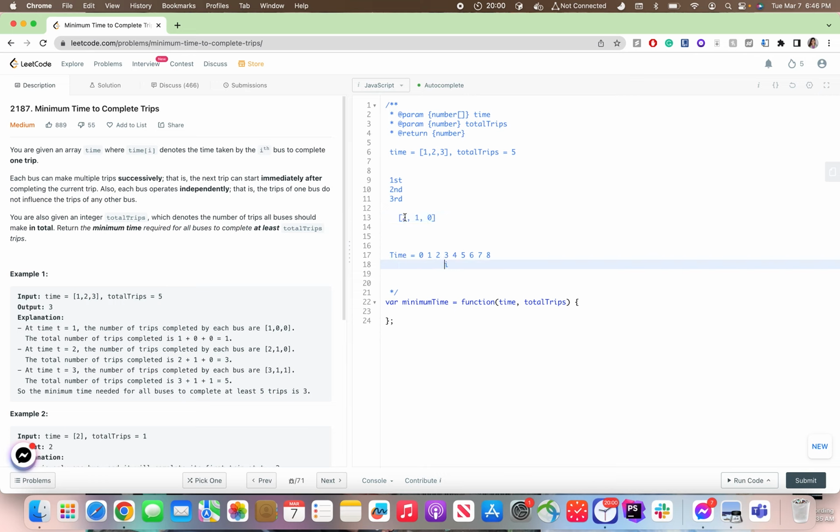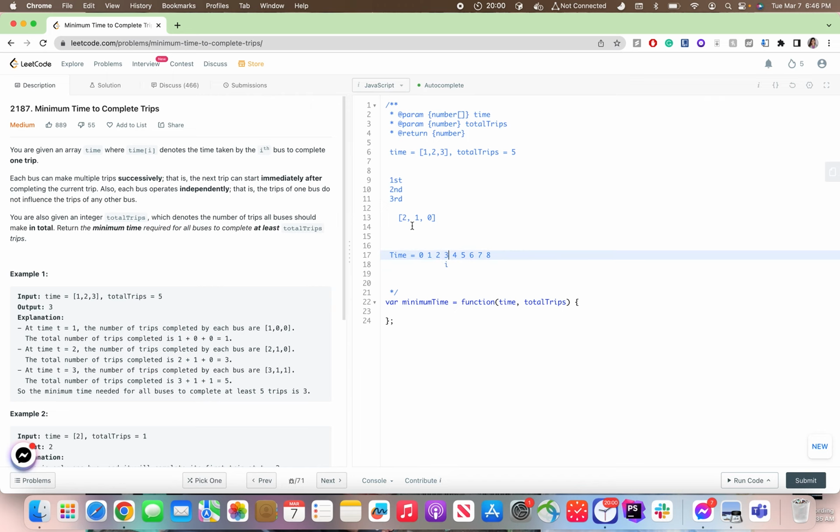In 3 seconds, this one would complete 3 trips, and the total number of trips is still 3, right? 2 plus 1.